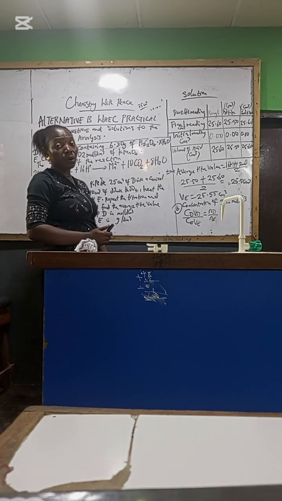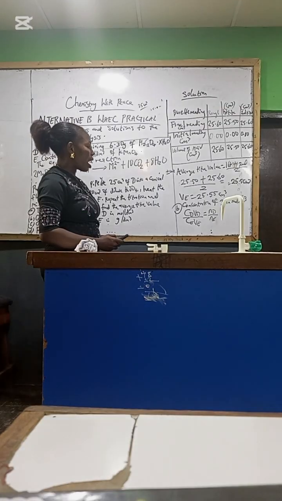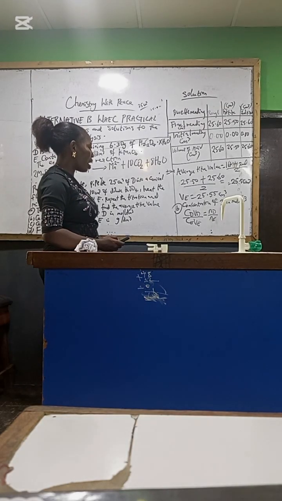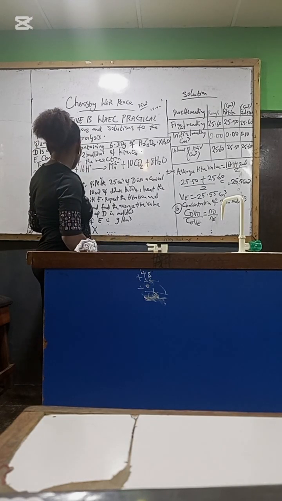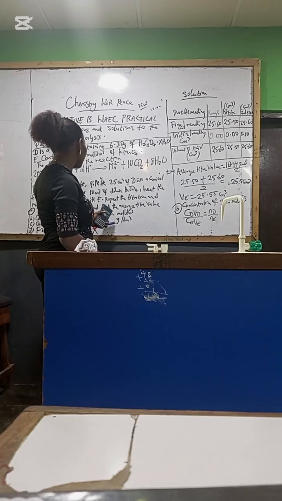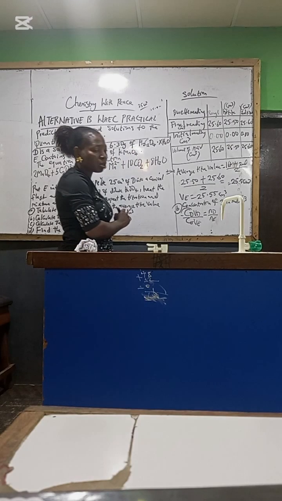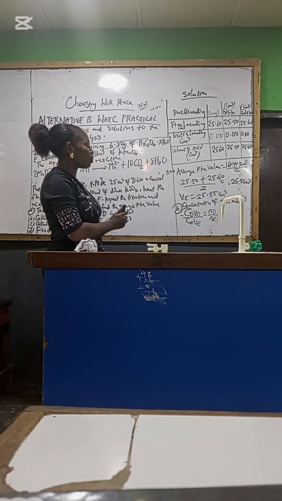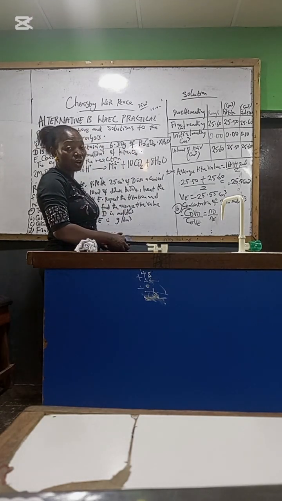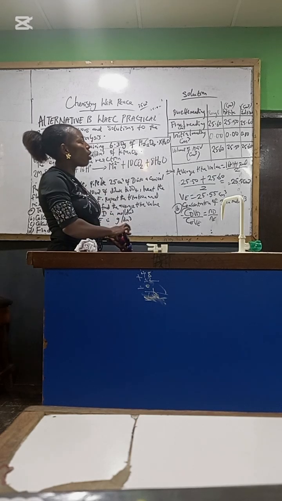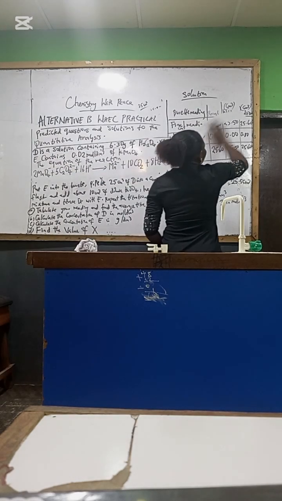So this is the formula that I'm going to use, and what we are looking for is the concentration of D in mole per dm cube. We are looking for this CD. We are going to make it the subject of the formula.